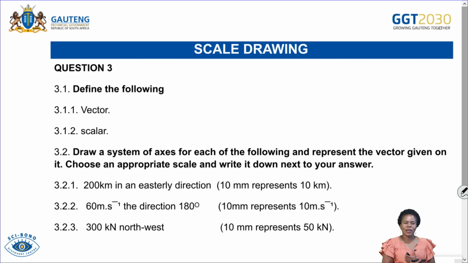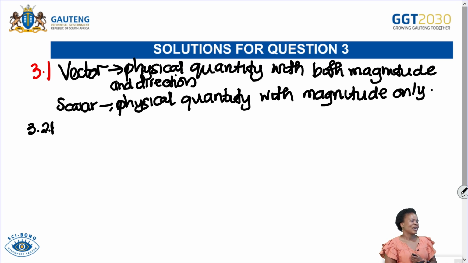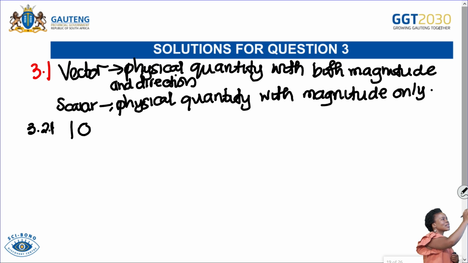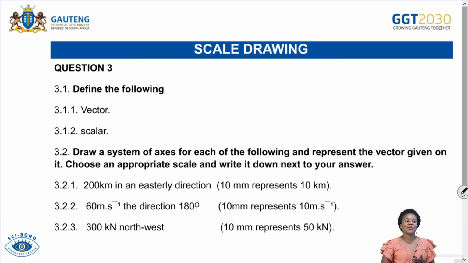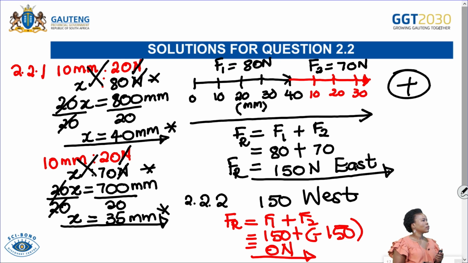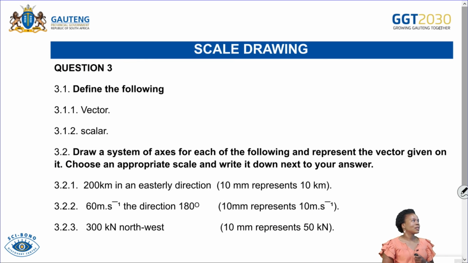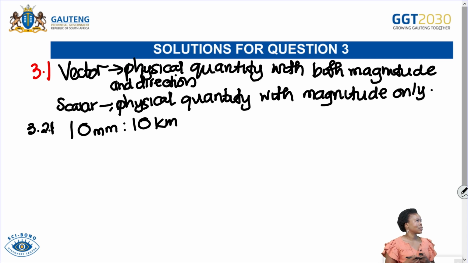3.2.1, what are we given? We're given 10 millimeters represent 10 kilometers. Okay, so what do we do? What is it that we are given? So 200 kilometers in an easterly direction. 200 kilometers, that means same units in the same place.